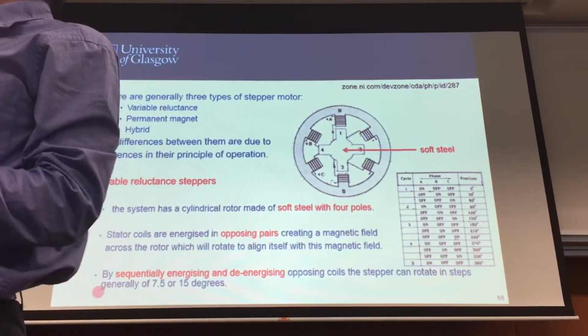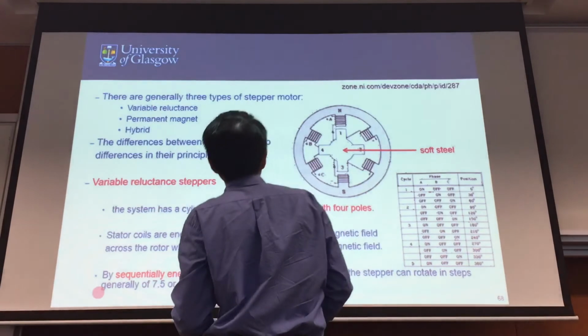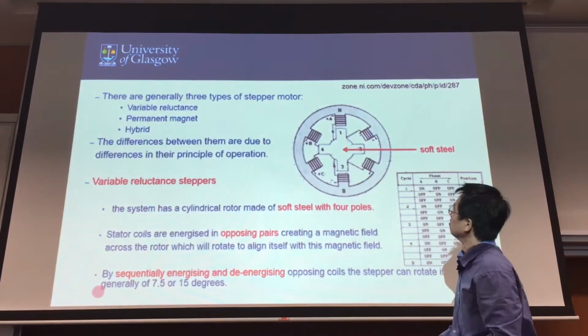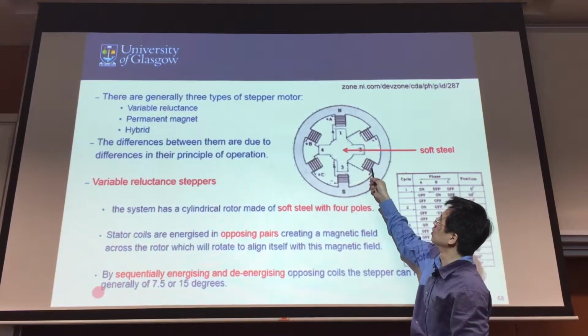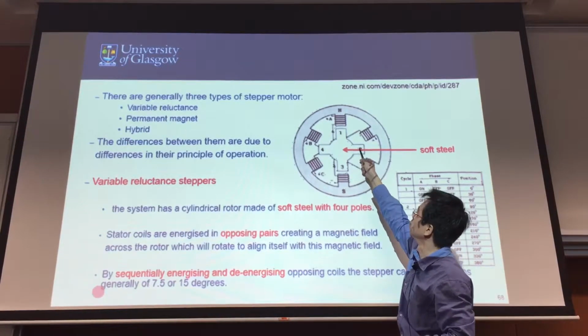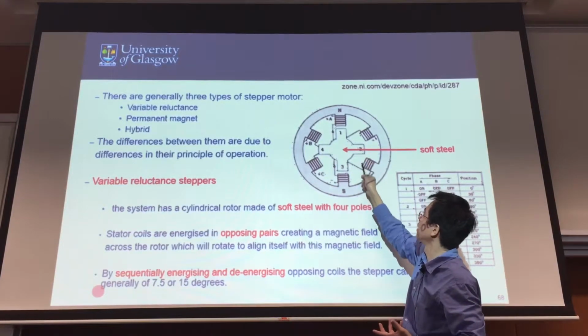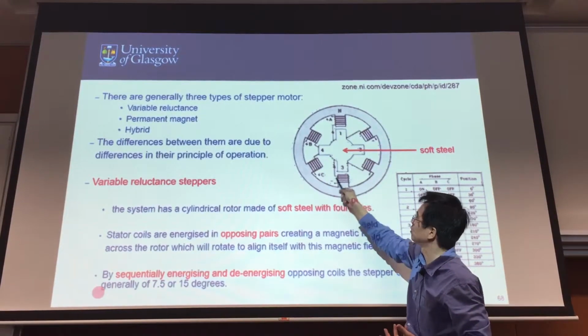So it's not a magnet, it's just iron. What does that mean? It means that what you need to do is energize all those coils over here, and being a soft iron, it will just attract to that position sequentially.